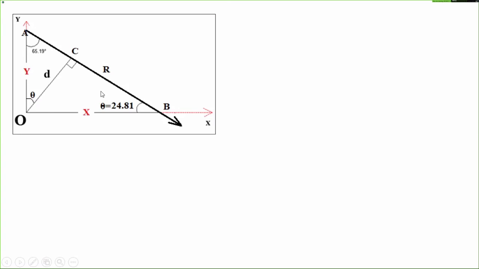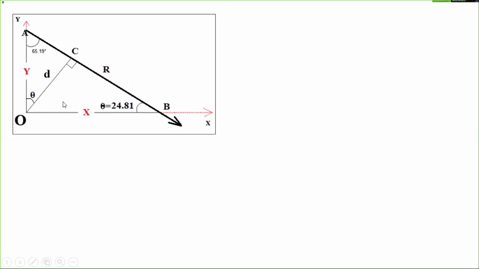So if I take, all of you observe this right angle triangle OCB. Can you see it? In the right angle triangle OCB, what is cos theta? Can anyone tell?